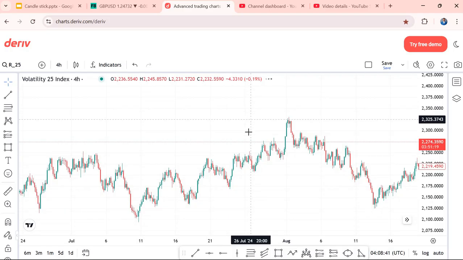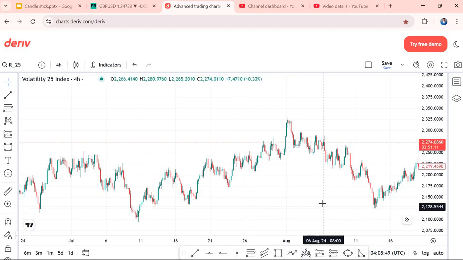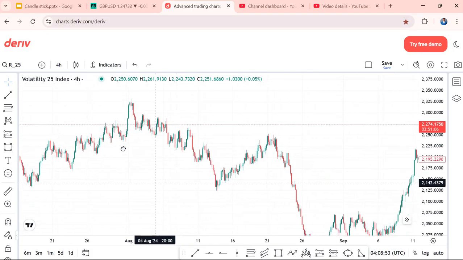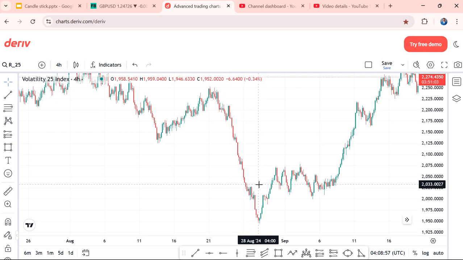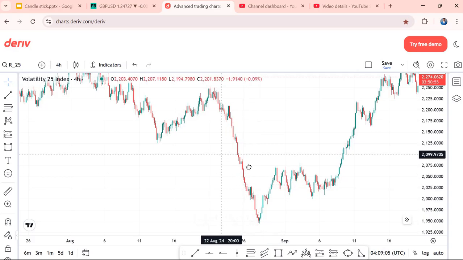When we are done with these candlestick patterns, we are going to combine them with other factors to take trade decisions. Like I've been saying in the other episodes, we don't consider just one candlestick pattern to take a trade decision. You need to combine it with other technical analysis like demand and supply, trend lines, support and resistance, which we will be learning.